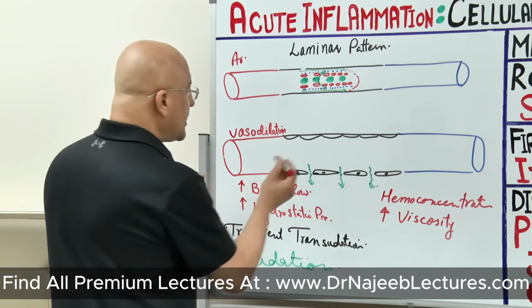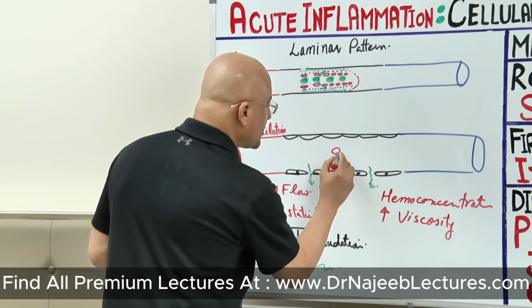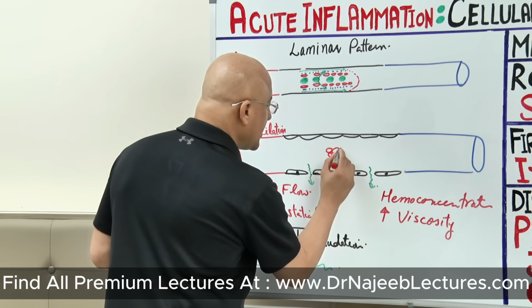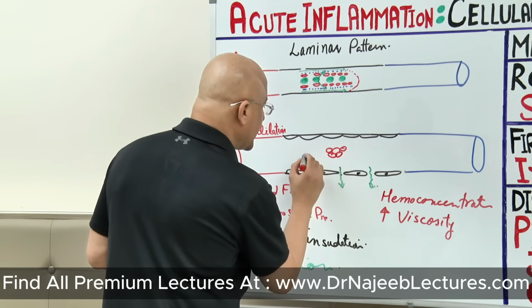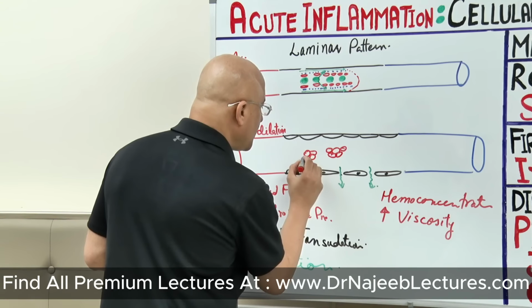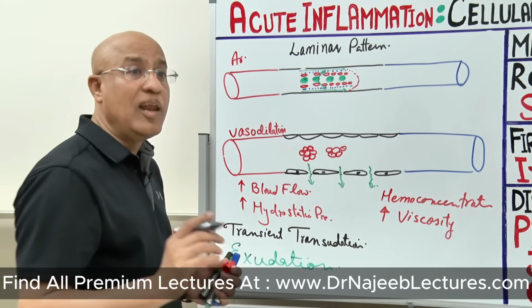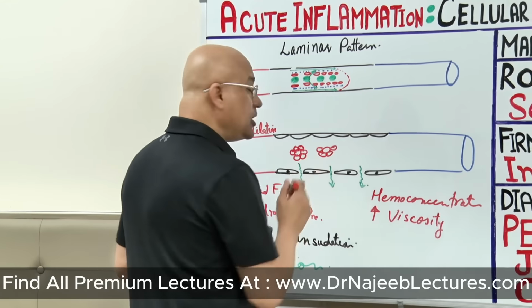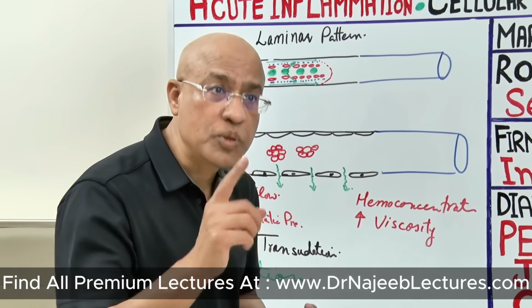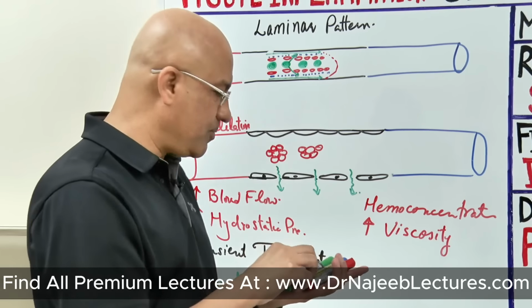Now, when erythrocytes in this area start making aggregates, then what happens? The aggregates of erythrocytes are larger than individual white blood cells.